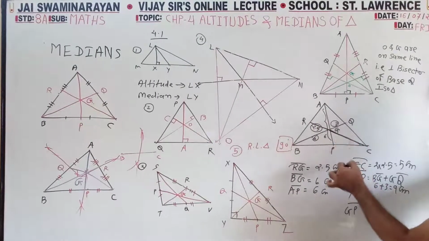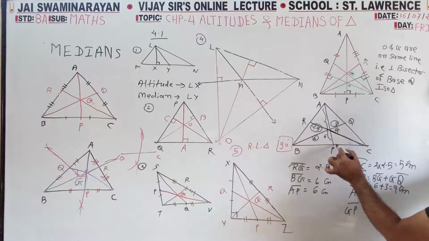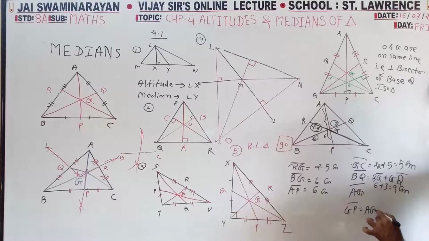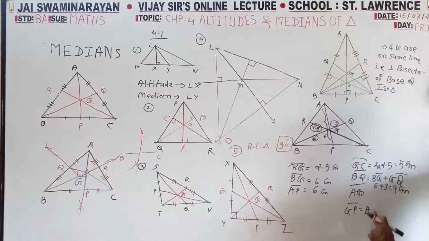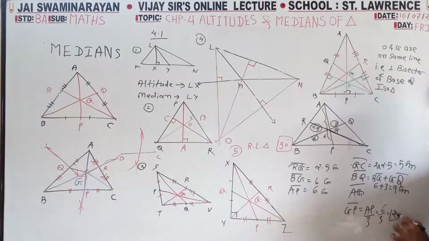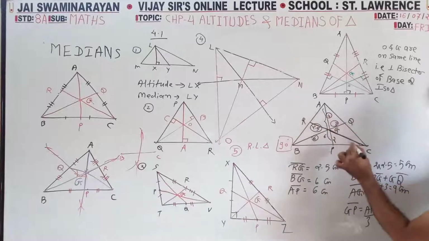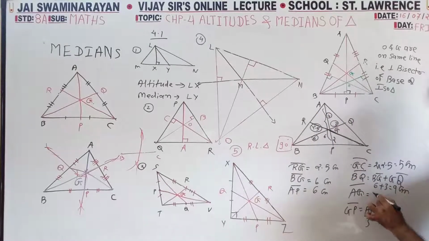AG. So PG is equal to AP by 3. So total is 6 by 3. So this is 2 centimeter. 2 centimeter, double is 4 centimeter. So AG is double of PG.